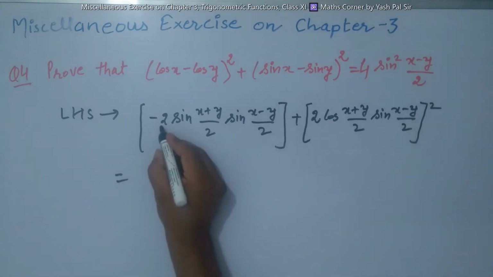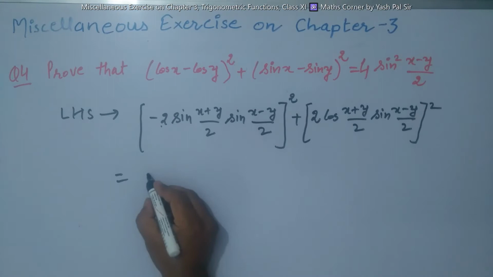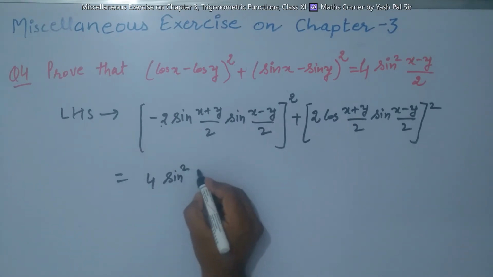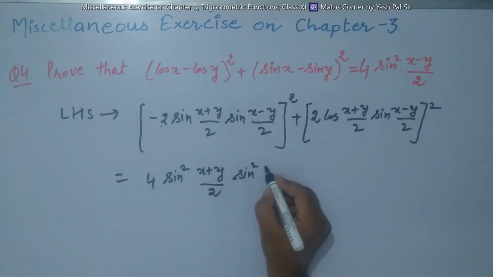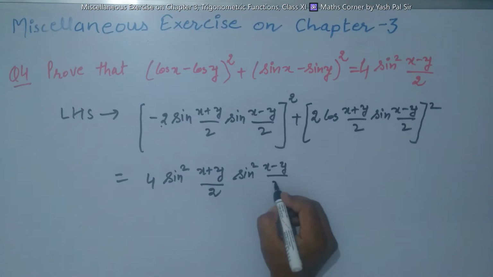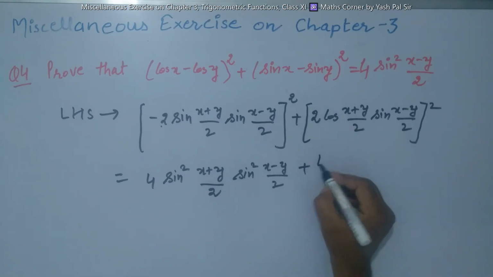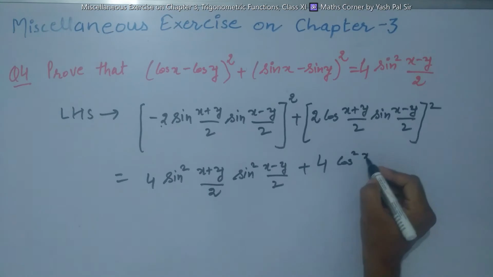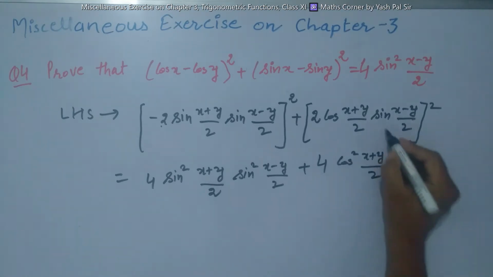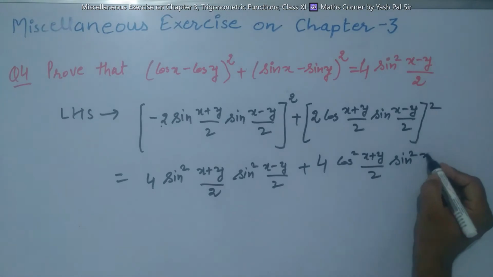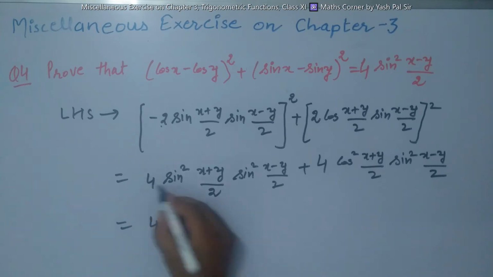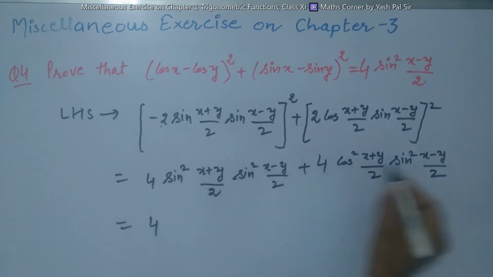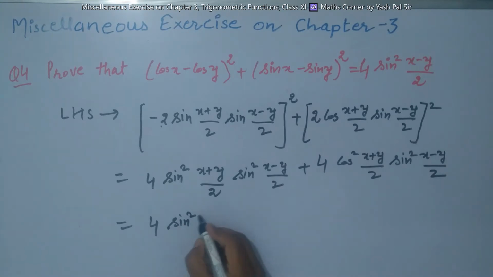So this is equal to minus 2 whole square, which is 4 sin square of (x plus y) upon 2 into sin square of (x minus y) upon 2, plus this is also 4 cos square of (x plus y) upon 2 into sin square of (x minus y) upon 2. Again we take common 4 sin square of (x minus y) upon 2.